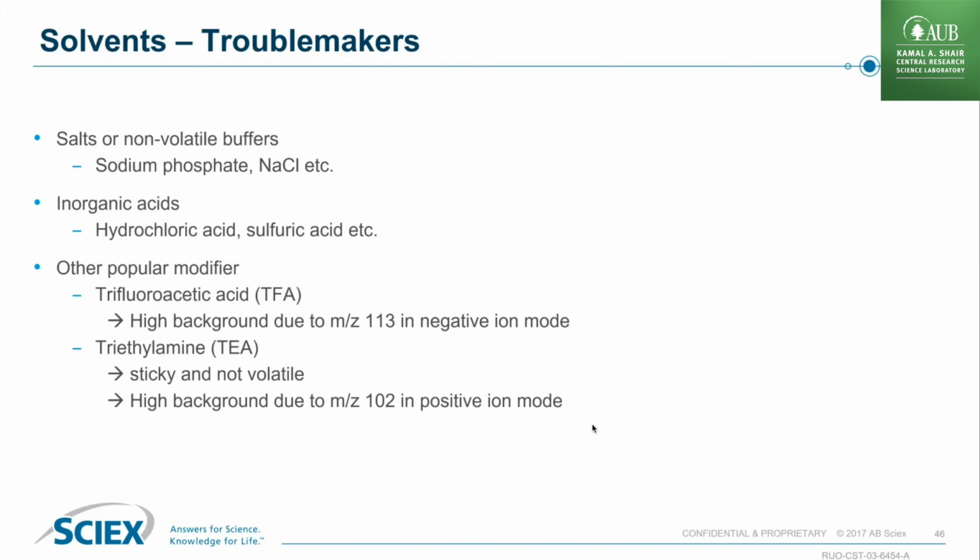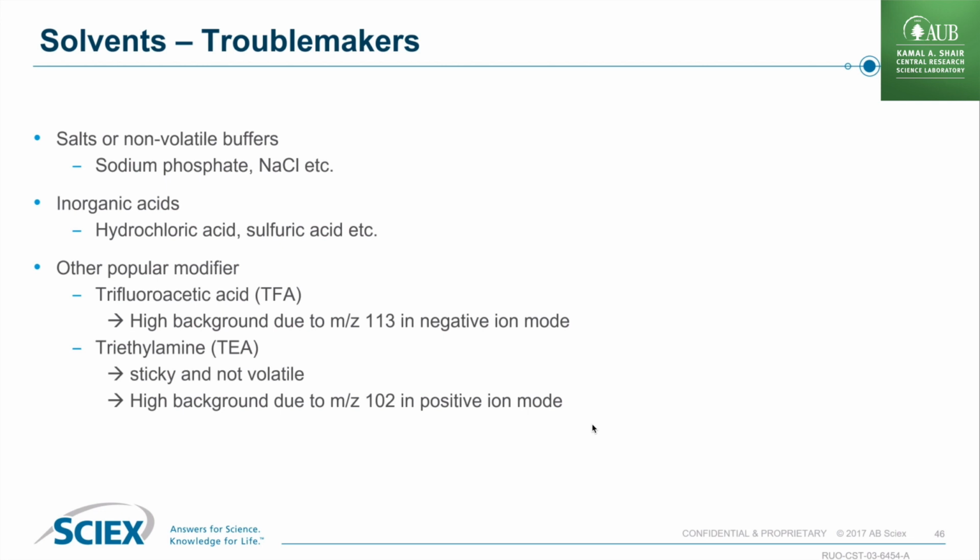Trifluoroacetic acid is an acid, so you would use it in positive mode to promote protonation, but then if you change your instrument to negative mode, you will see the TFA at mass 113. And conversely for TEA, it's kind of basic, so you'll use it in positive mode, then you switch to negative mode, and you'll see the 102.